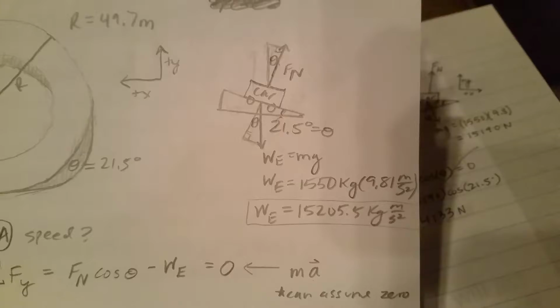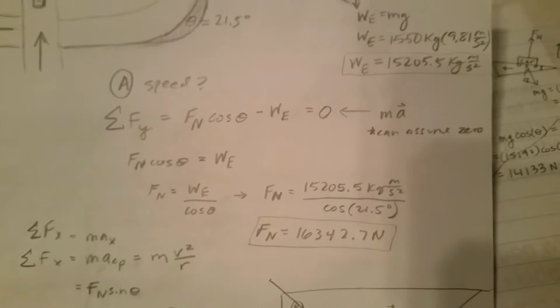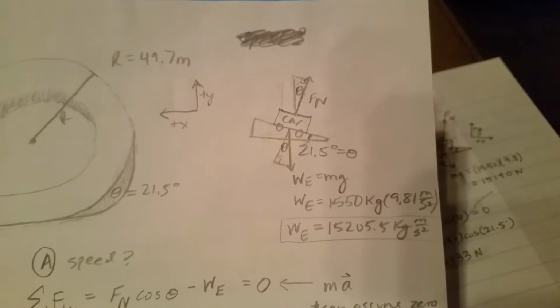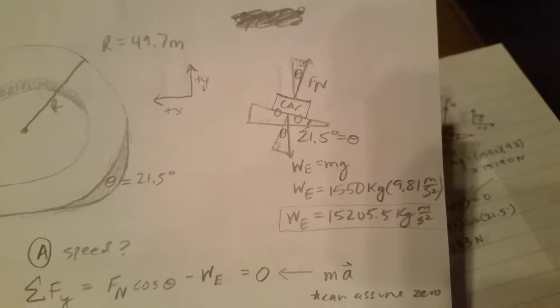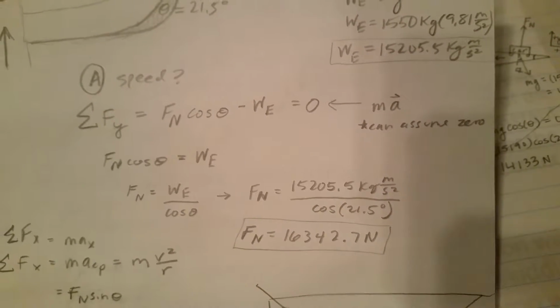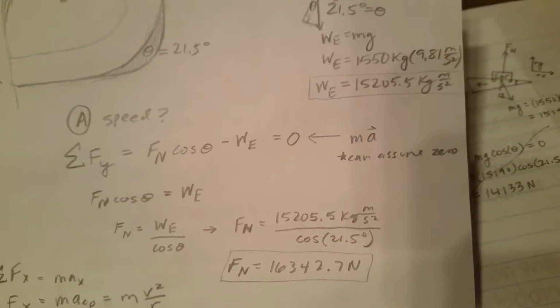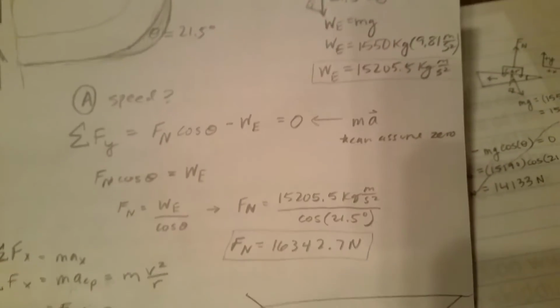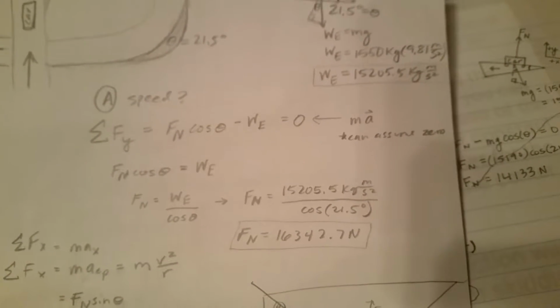So you have the component of the force normal and the component of the weight. You can assume the acceleration in the y direction is 0 because the car is not moving up off the ramp. It's not flying up.